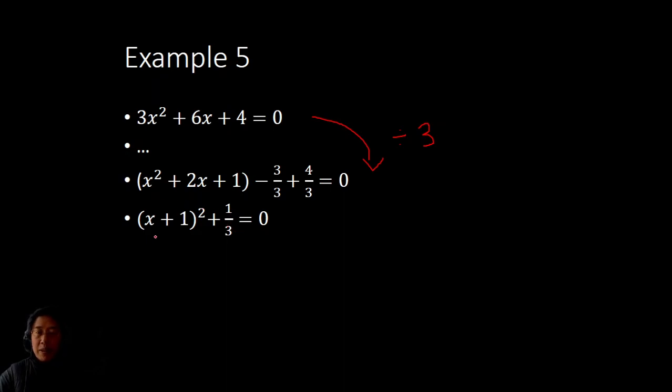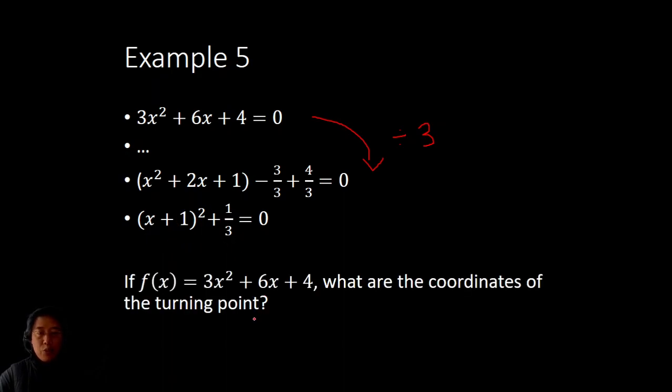We end up with this expression, but that expression was actually divided by 3. So if you were just to use this one, you would ask yourself, what are the coordinates of the turning point? If you read that out, you will have -1 and a third, and that will be incorrect.